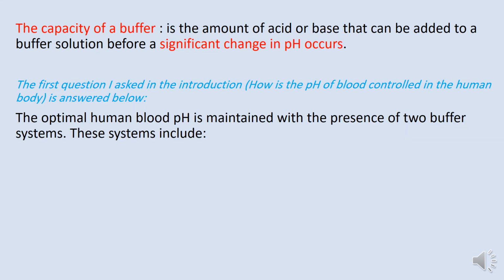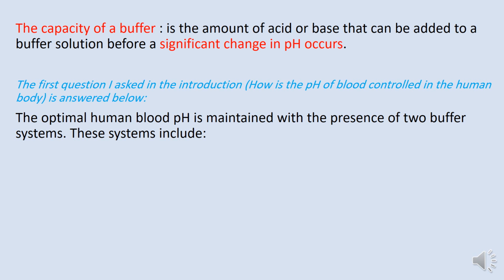Now, what is the capacity of a buffer? It is the amount of acid or base that can be added to a buffer solution before a significant change in pH occurs. Now, let's go back to the first question I asked in the introduction. How is the pH of blood controlled in the human body? It is answered below.